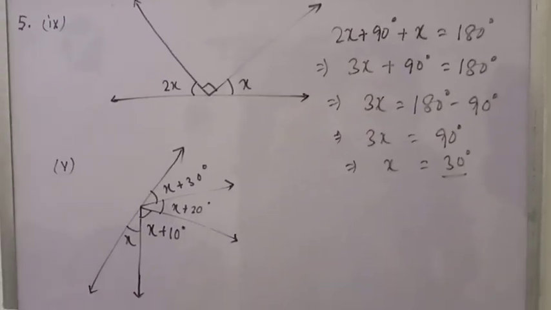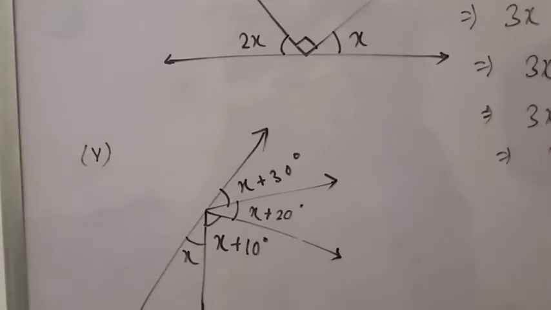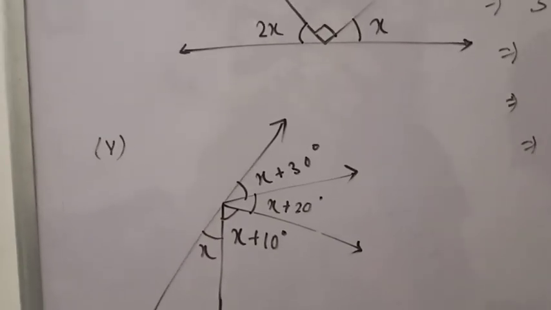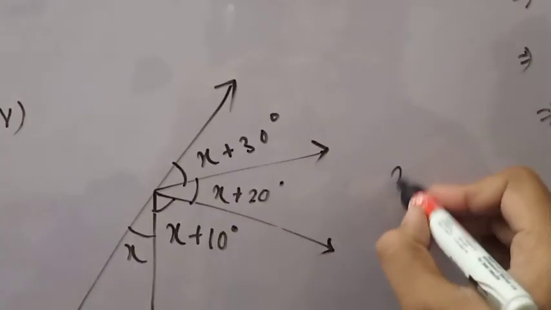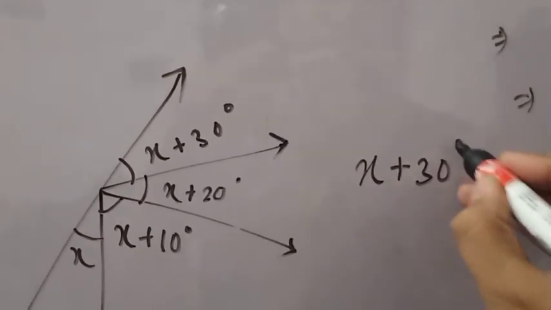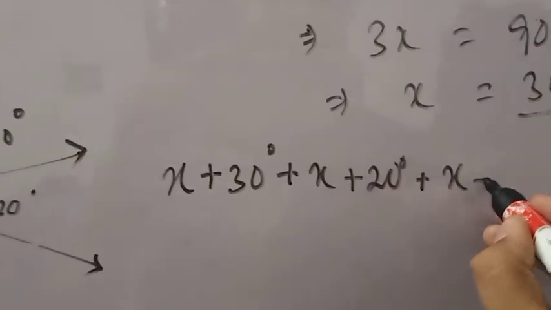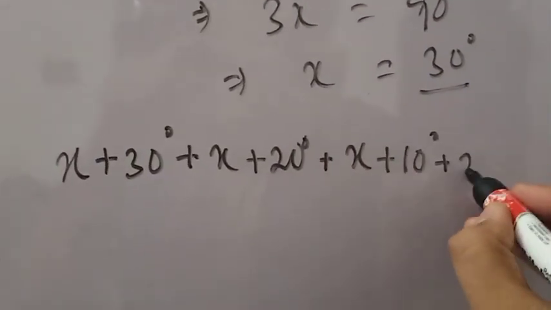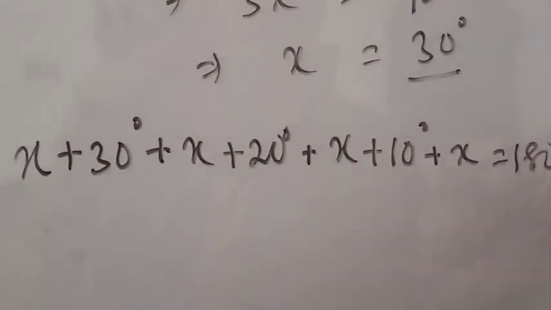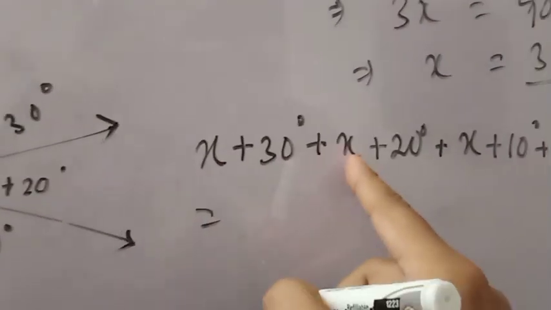And 5 and 5, see that x plus 30, x plus 20, x plus 10 and x is given. So right here x plus 30 plus x plus 20 plus x plus 10 plus x equals to 180. So how many x is there? 1, 2, 3, 4.